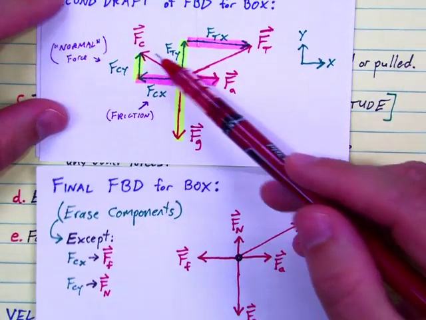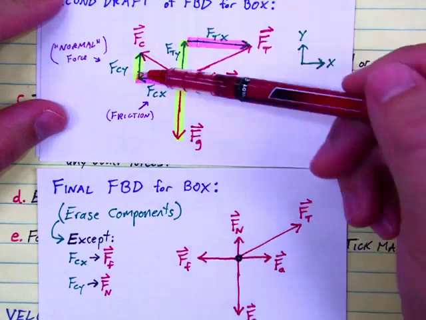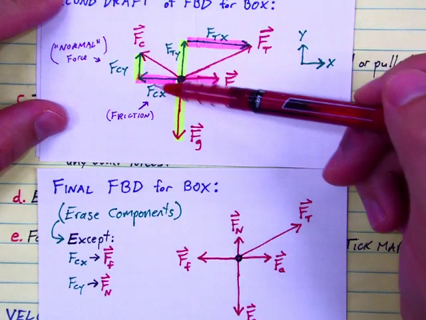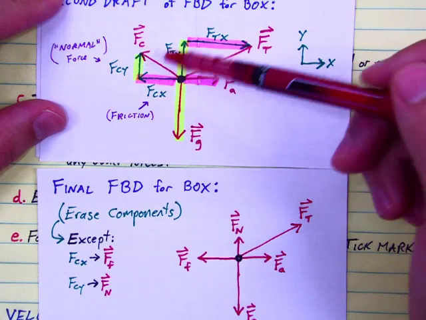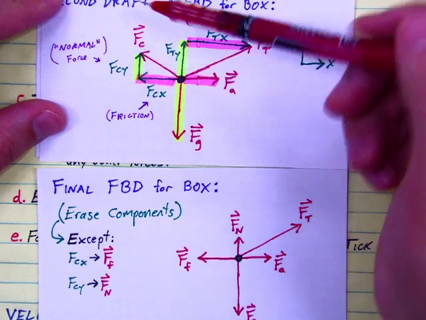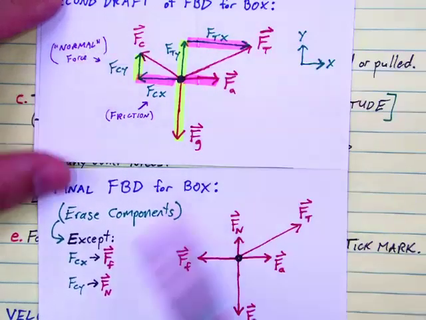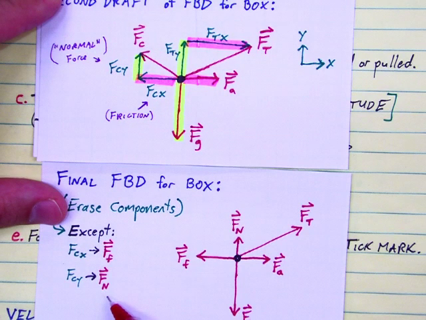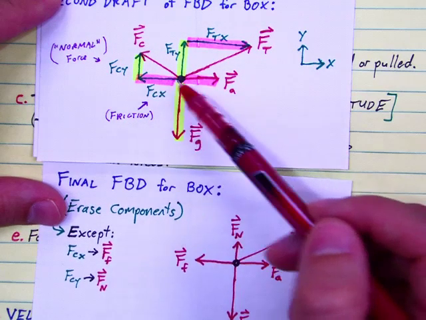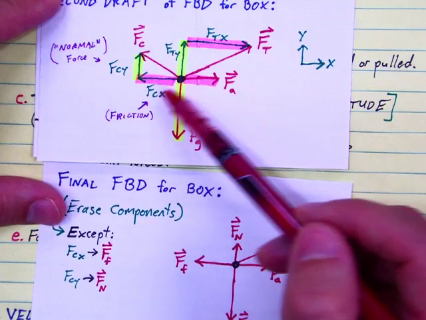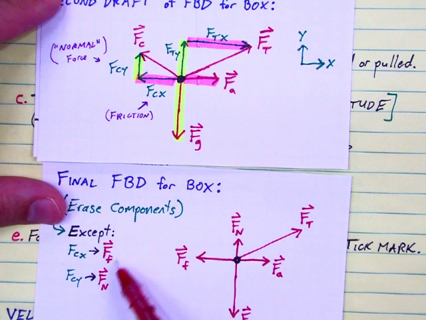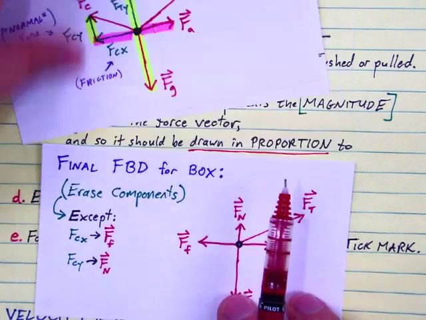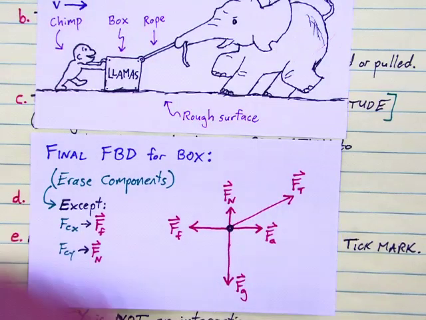With a contact force from a surface, you actually draw in the two components separately as if they were two separate forces. So we're going to replace this component with something that looks like its own force, a normal force, F sub n, and replace this component here, the part parallel to the surface, that friction, with its own force, F sub f. So here's our final FBD for the box.